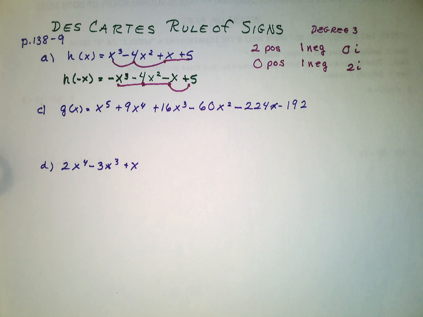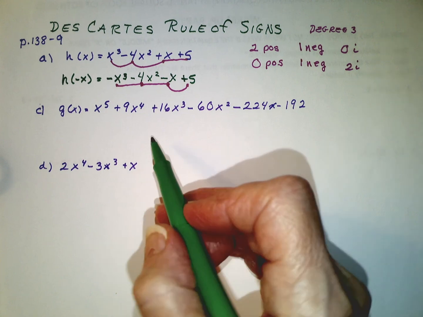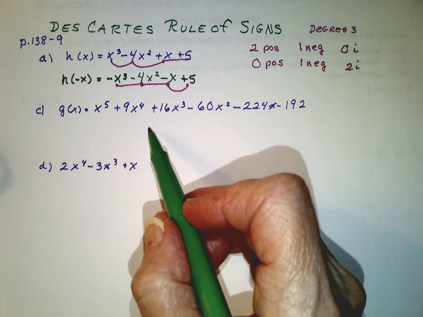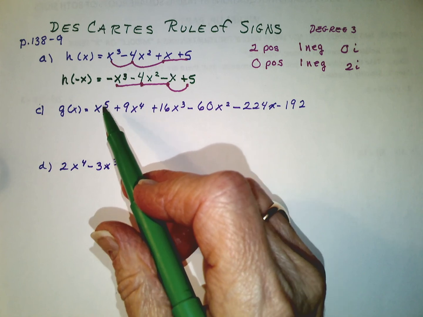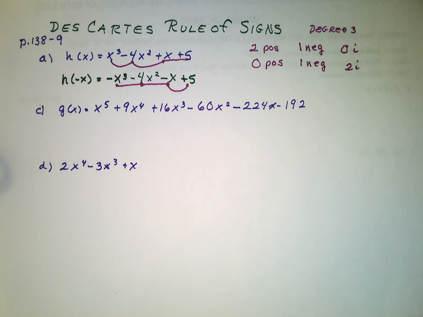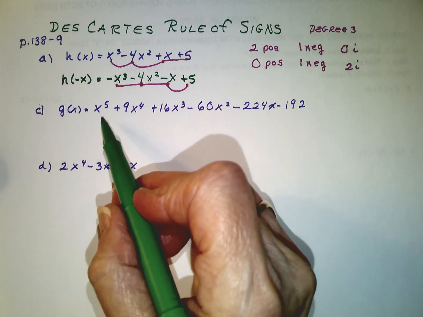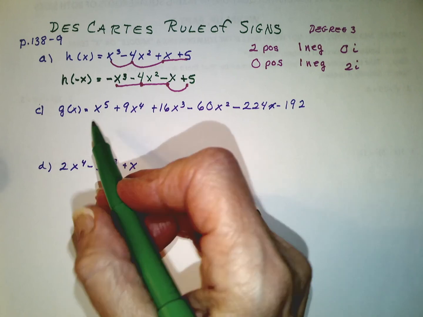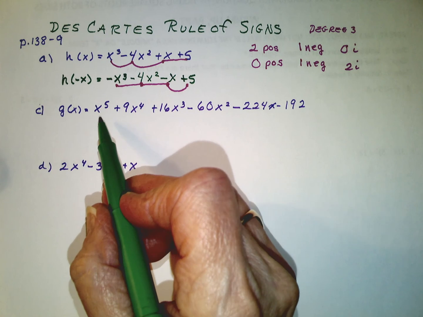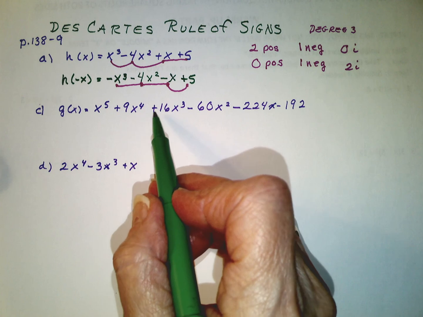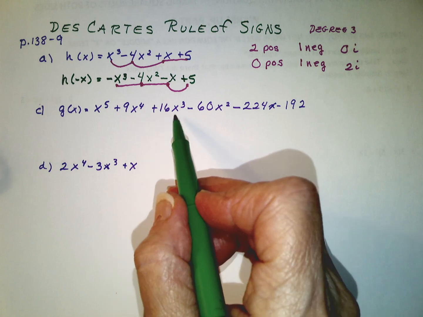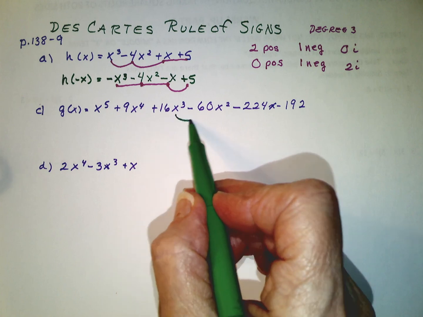Okay, this one looks pretty interesting. Wow. Same procedure though. It can have 5 total roots. That's the degree. And we're going to count the positive ones just by counting the changes. Well, it's positive, and it stays positive, and it stays positive. And then right here, it changes from positive to negative.